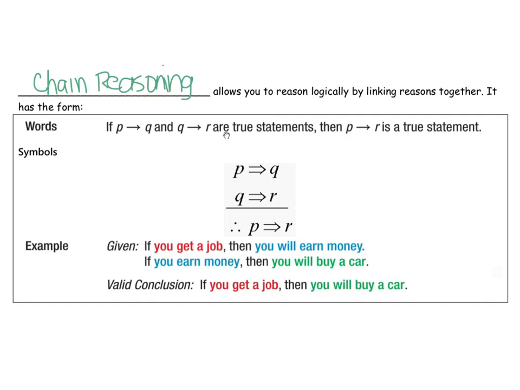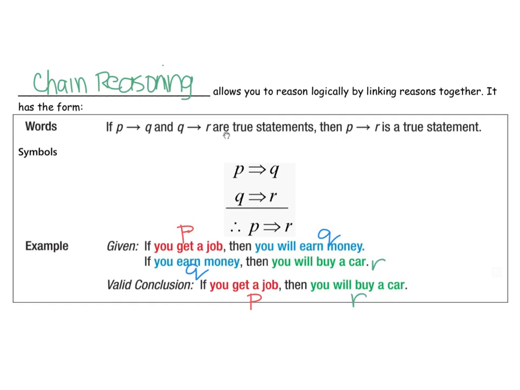So we have this format: if P, then Q; if Q, then R; therefore if P, then R. So here's our example. If you get a job, P, then you will earn money, Q. If you earn money, then you will buy a car. Let's call that R. It's a new statement. So then I can conclude that if I do go get a job, then I will be able to buy a car.